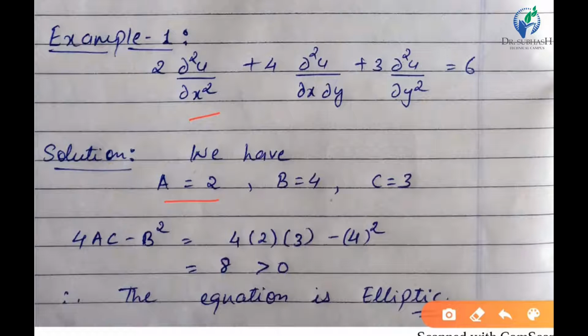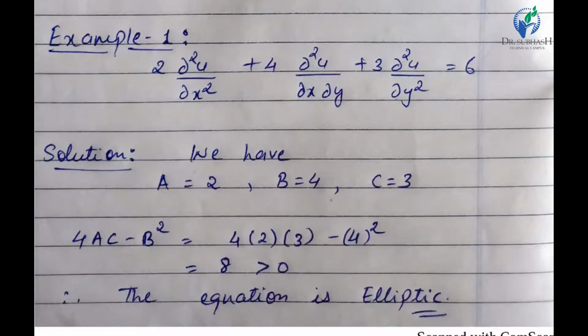The coefficient of uxy is 4, so the value of b is 4, and the coefficient of uyy is 3, so the value of c is 3. Now we'll substitute these values in 4ac minus b square. After substituting these values, we get the answer 8, which is greater than 0. According to our condition, if the value of 4ac minus b square is greater than 0, then the given differential equation is elliptic.